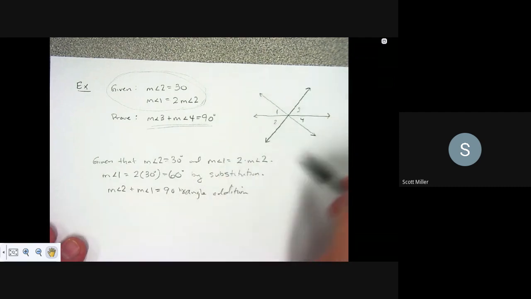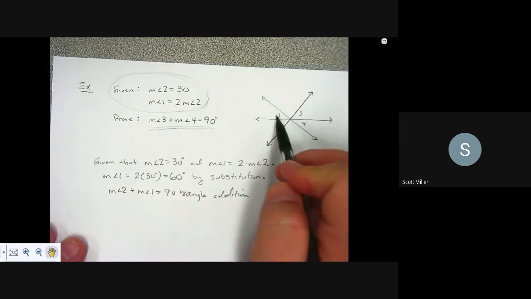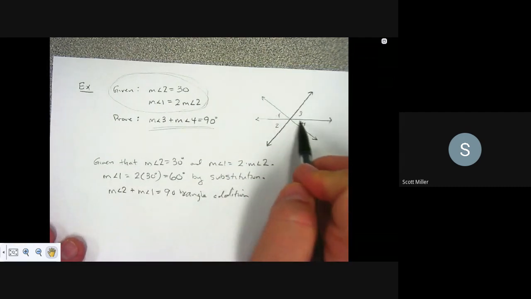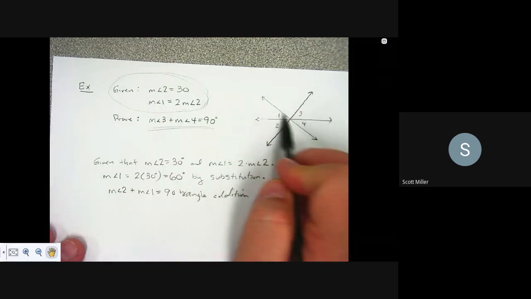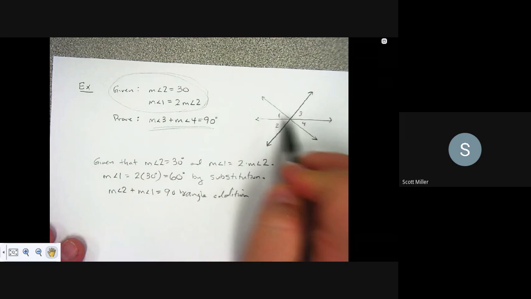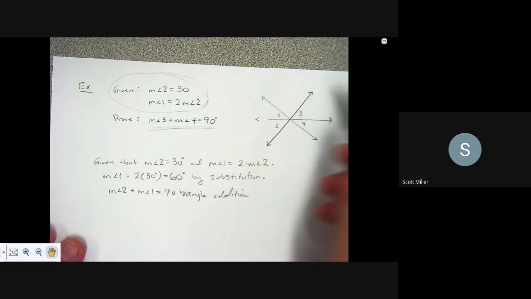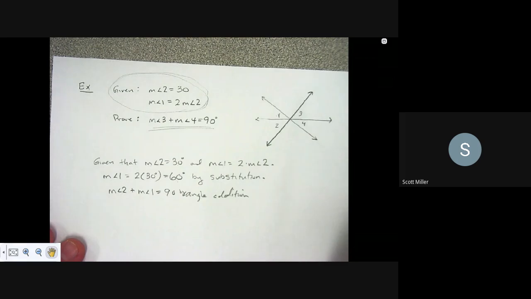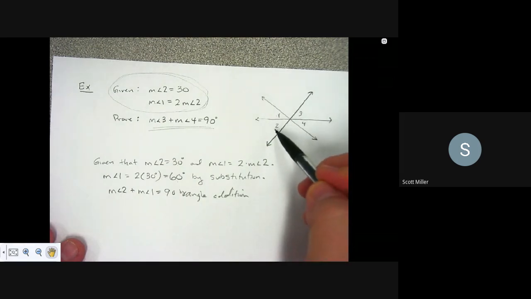I look over here and I notice, oh, hey, angle 1 and angle 4 are across from each other like this, like a scissors action. They're called vertical angles. And likewise, angle 2 and 3 are called vertical angles. And we know by the definition of vertical angles, because we've talked about that in previous lessons, that they're congruent.